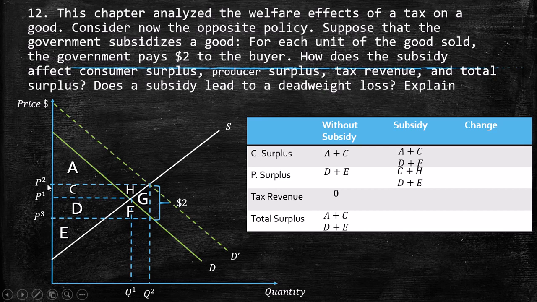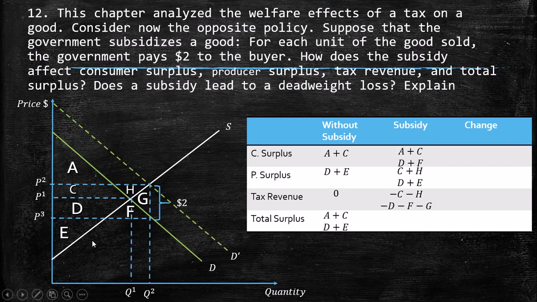They will now receive P2 instead of P1 because of the subsidy of the government, so this is going to be P2 with quantity Q2. Here this triangle is going to be the producer surplus, which is denoted by the area C plus H plus D plus E.